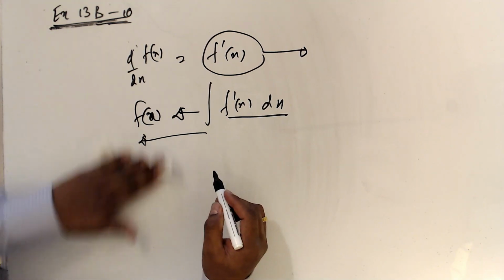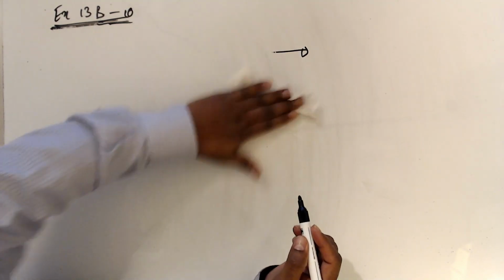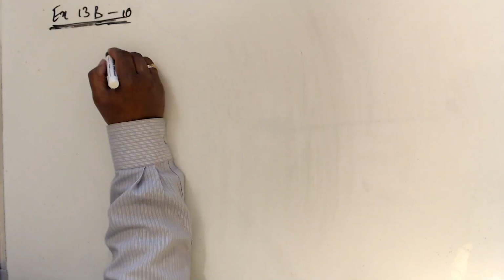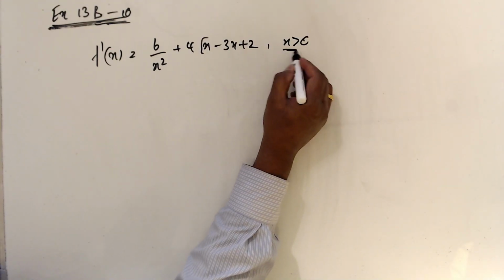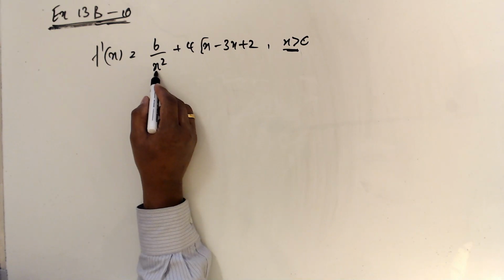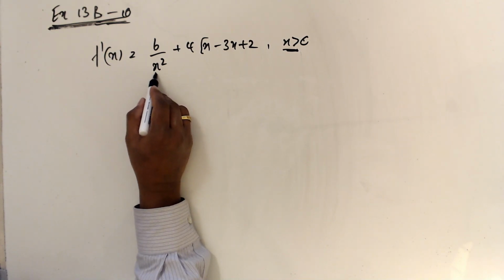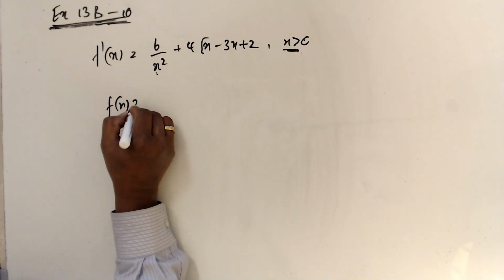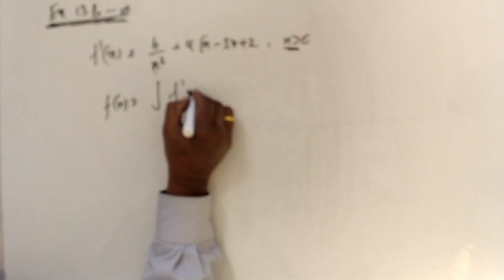And here, why x greater than 0? Because x is asymptotic here in this function. So however you can get f(x) when you integrate f dash x.